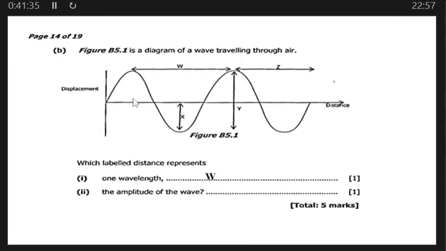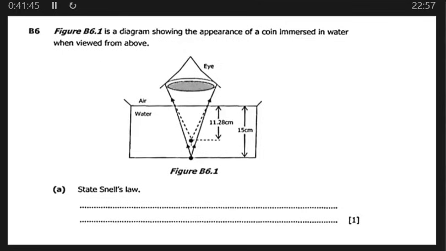So the distance from here to here is called amplitude, or from here to here. So which letter represents that? It is actually X. So let's go to the next question. B6. B6 reads, figure B6.1 is a diagram showing the appearance of a coin immersed in water.